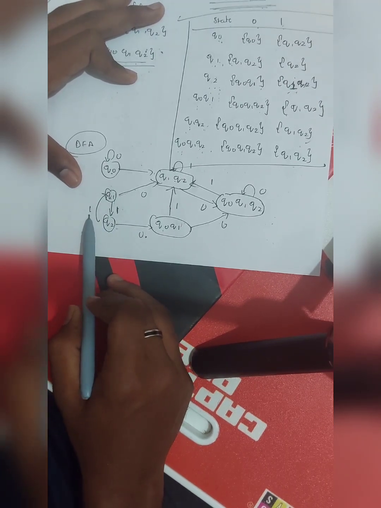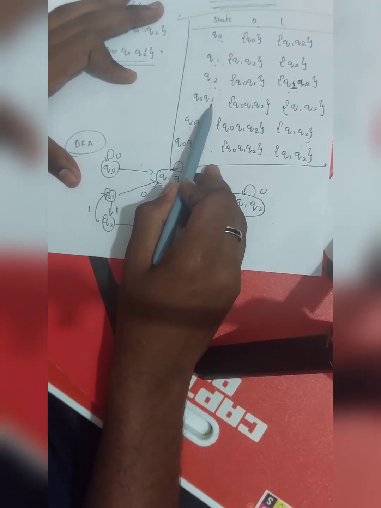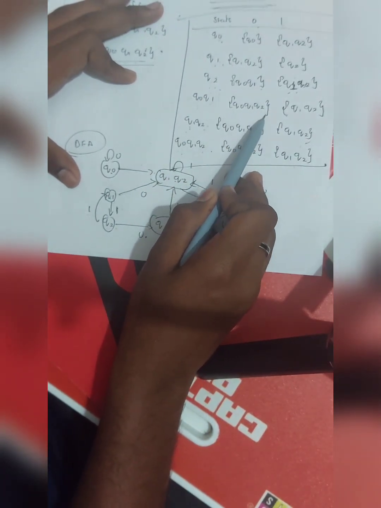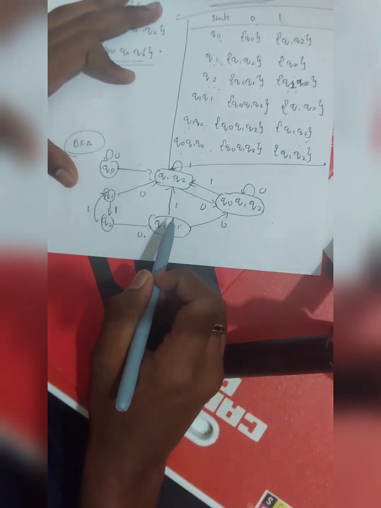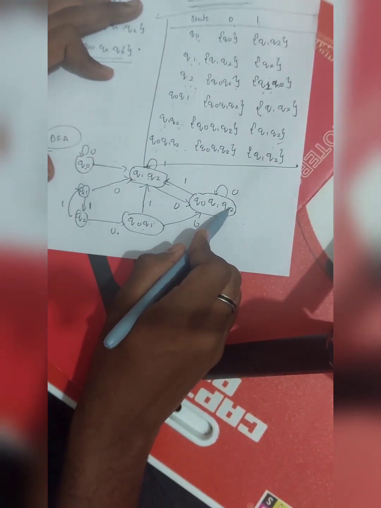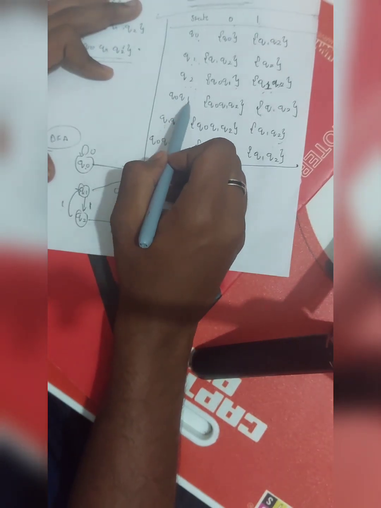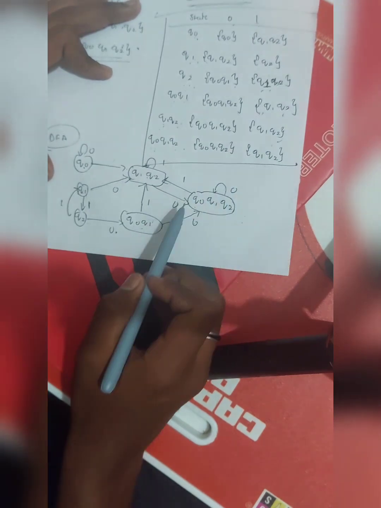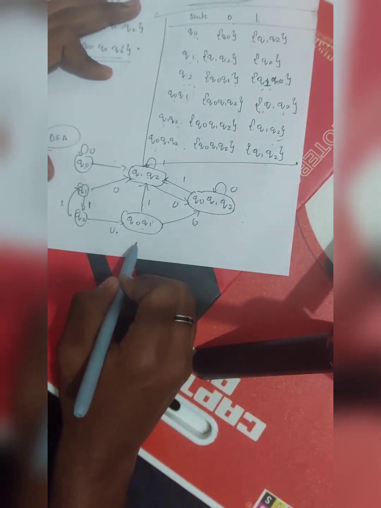Now Q0, Q1 with respect to 0 is traveling to Q0, Q1, Q2. Again Q0, Q1 with respect to 1 is traveling to Q1, Q2. Self loop.